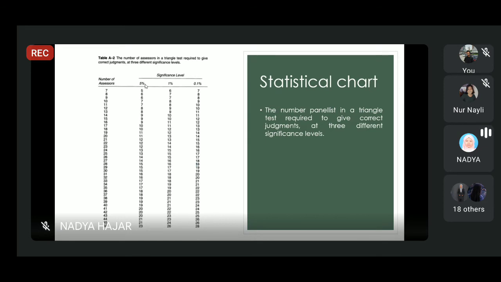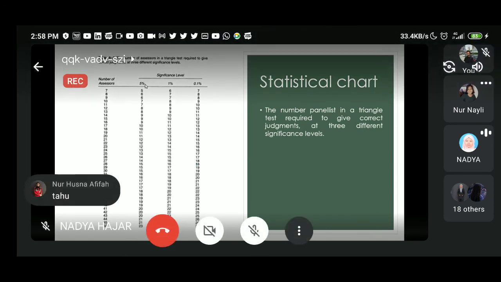Lepas tu daripada concentration curve kita boleh check concentration sample kita. Betul tak? Awak belajar tak? Ke tak ingat? AAS tu tahu tak apa? Tahu. Okay. So bila kita tengok concentration level tu, R square dia kita minta kat situ 98%. So confidence level kita untuk menggunakan concentration curve tu adalah tinggi.